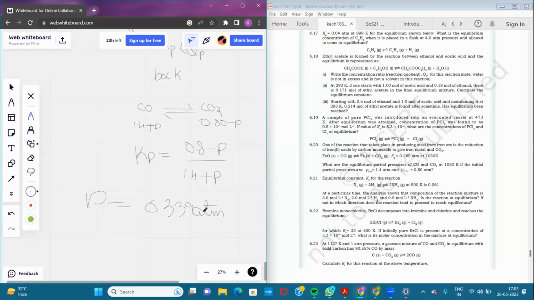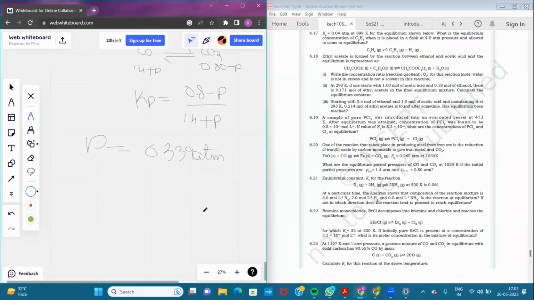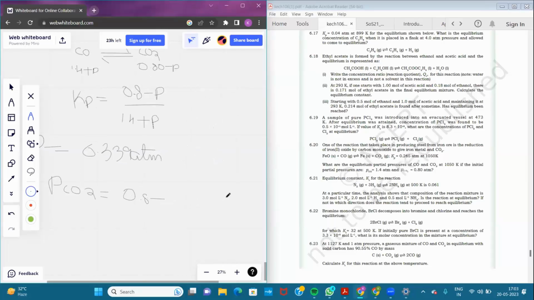Then you can directly use it to get the individual partial pressures. Partial pressure of CO2 would be 0.8 minus 0.339.